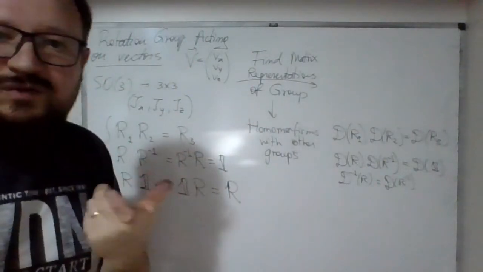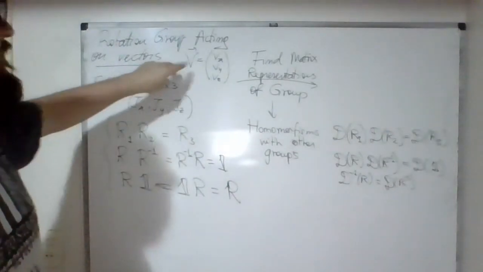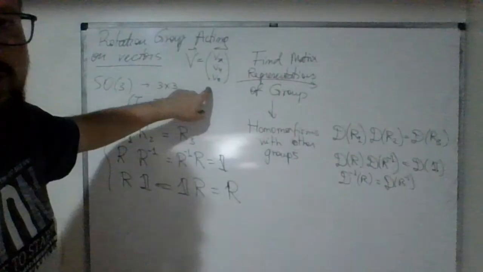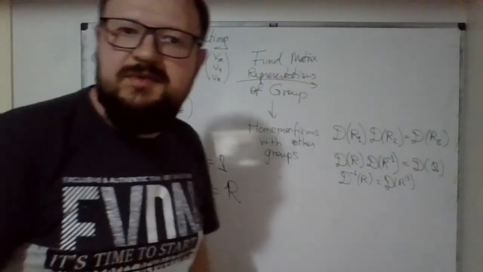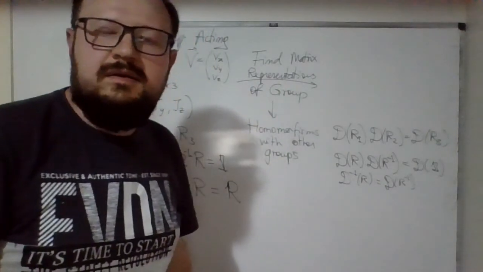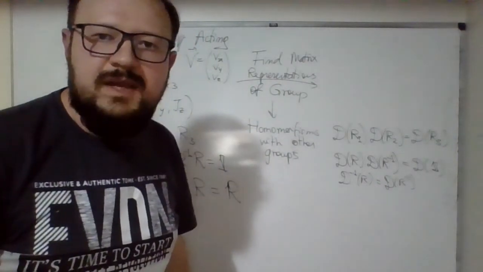Why do we need to do that? Because vectors in R3 are not the only objects we are concerned about in quantum mechanics.